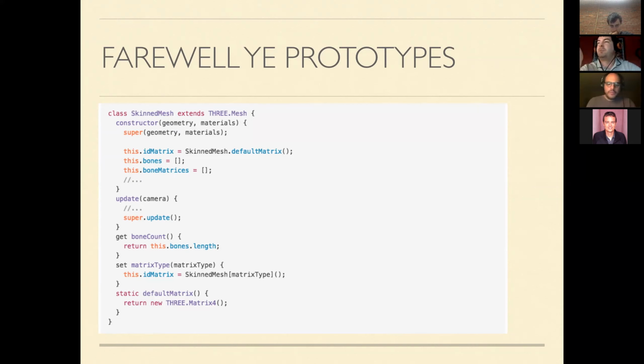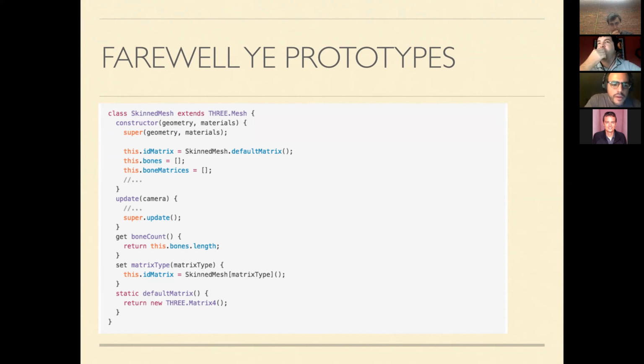So for example, when it says super geometry and material, it is looking up to the parent class of skinny mesh, which in this case would be 3mesh. So it's a way of basically inheriting properties from the parent class, and everything else in the constructor is just how JavaScript constructs objects essentially.